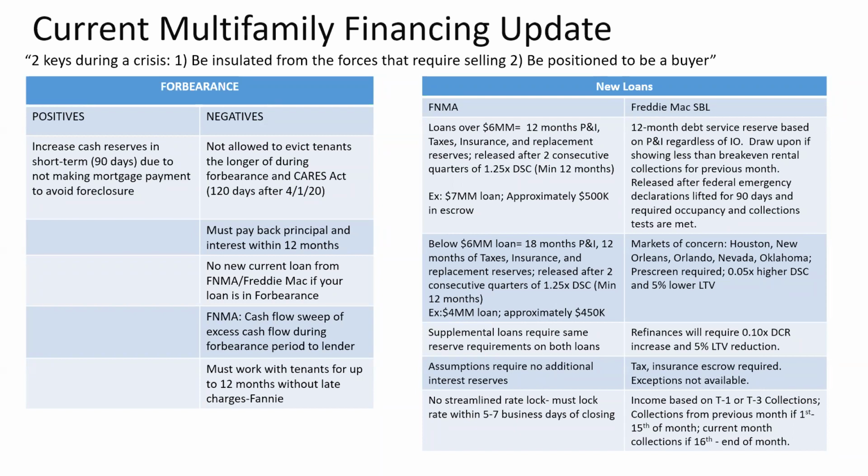So if you do assumption, you get a lower basis, right? So go back to that other deal that we looked at. Essentially, you got a $6-7 million discount on the purchase price, and you know the exact loan amount that you're going to get and the interest rate, so you can model that and build that into your price.